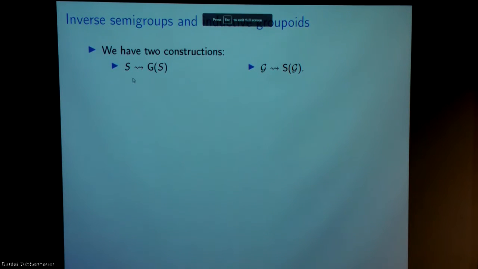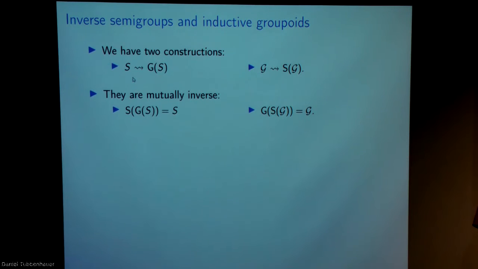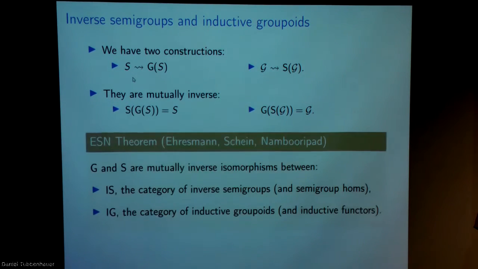So anyway, starting from an inverse semigroup S, we can construct this inductive groupoid, G of S. And starting from an inductive groupoid, we can construct a semigroup S of G. And the main idea is to show that if you start from a semigroup, construct a groupoid, and then go back, you get the same semigroup, and vice versa with groupoids.